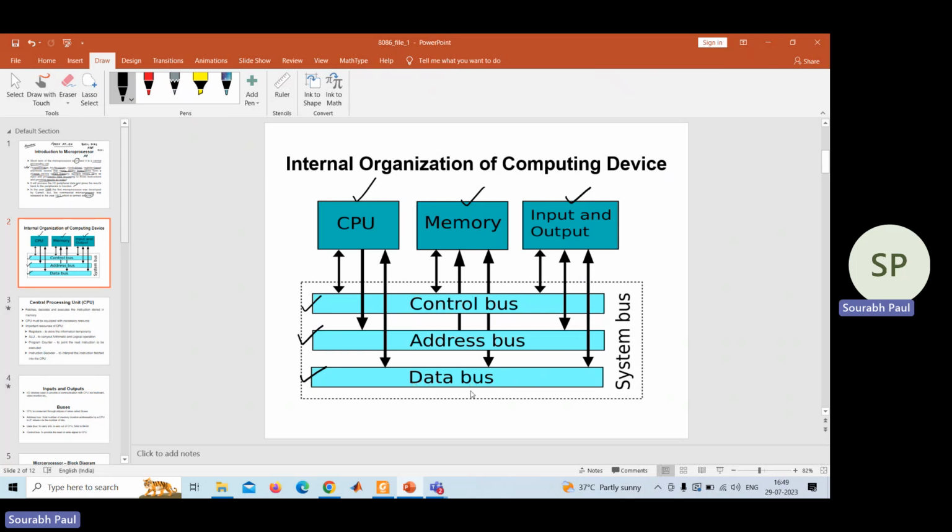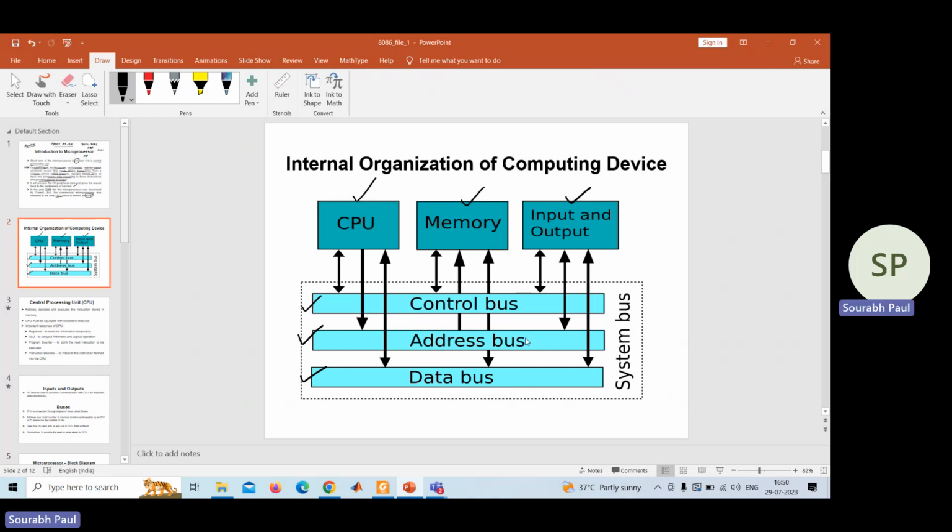A bus is nothing but a connection of some wires through which, according to requirement, something will travel. Suppose if it is the data bus, data will travel. If it is the address bus, the corresponding address will be carried through this address bus, and if it is the control bus, some control operation will be done. Now the data bus, as I already mentioned, will be used for data transmission or to receive the data.